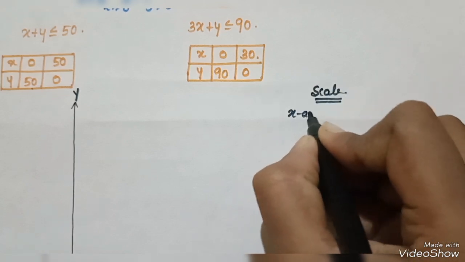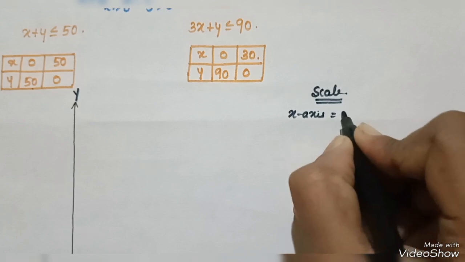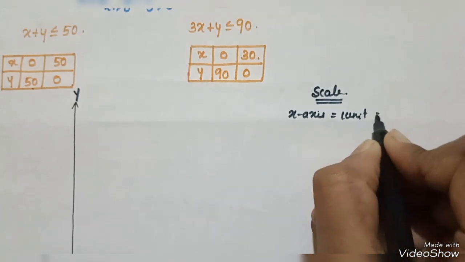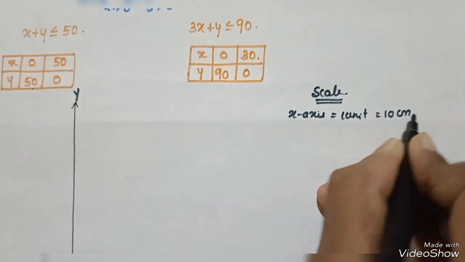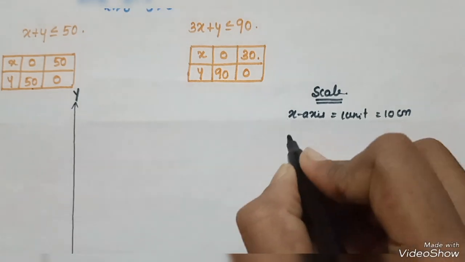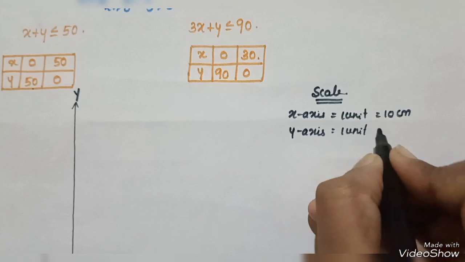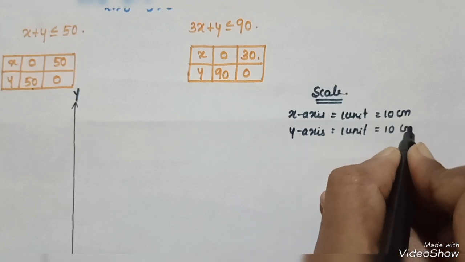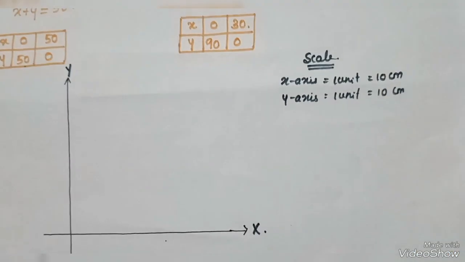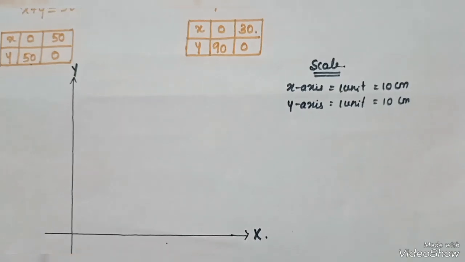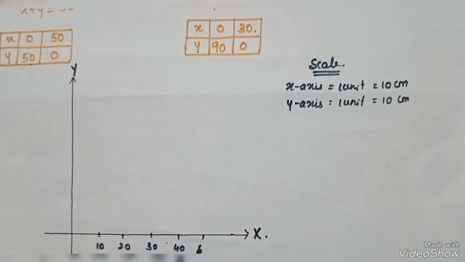Taking the x-axis, 1 unit is equal to 10 centimeters because we have values in tens, and for the y-axis, 1 unit is equal to 10 centimeters also. In the x-axis the largest number is 50, so 10, 20, 30, 40, 50 and 60.